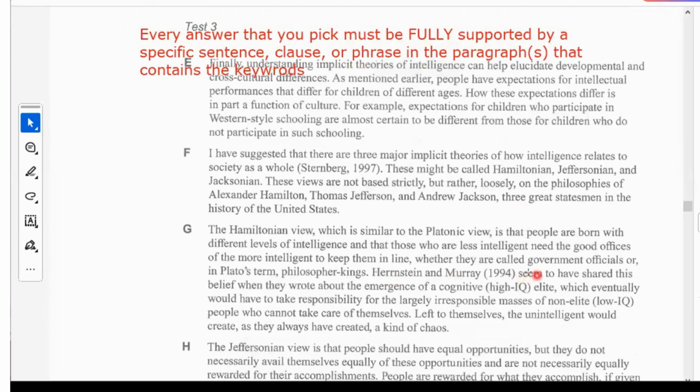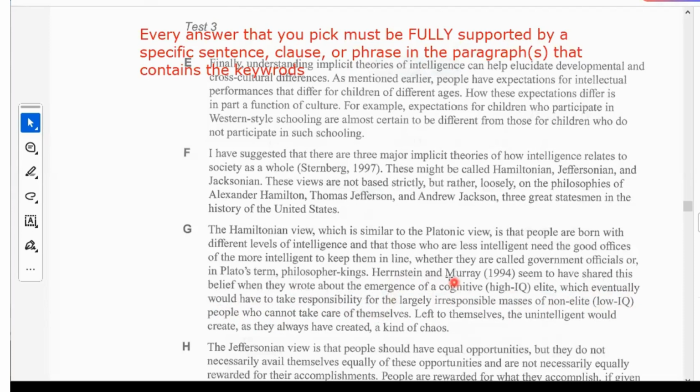We are still there. Erskine and Murray seem to have shared this belief when they wrote about the emergence of a cognitive elite, which eventually would have to take responsibility for the largely irresponsible masses of non-elites, low IQ people who cannot take care of themselves.